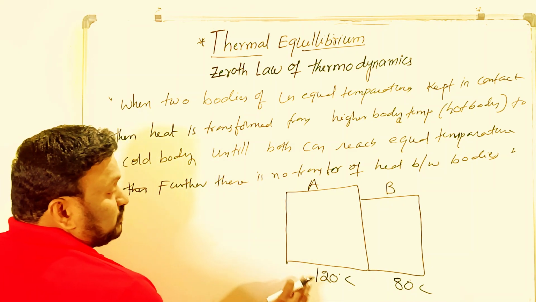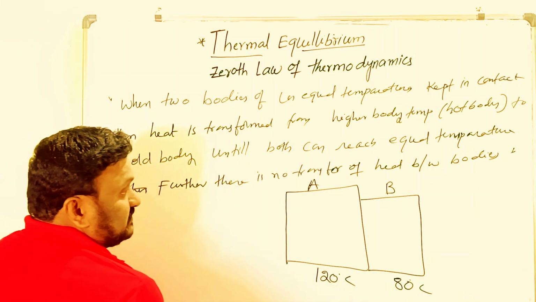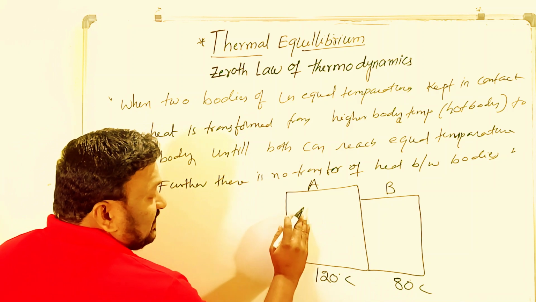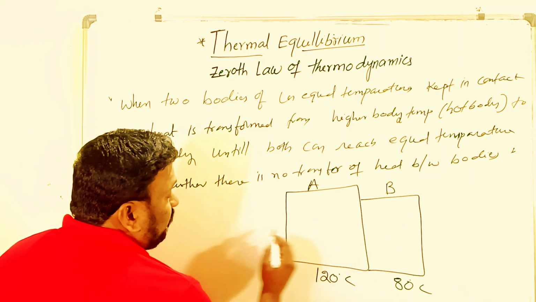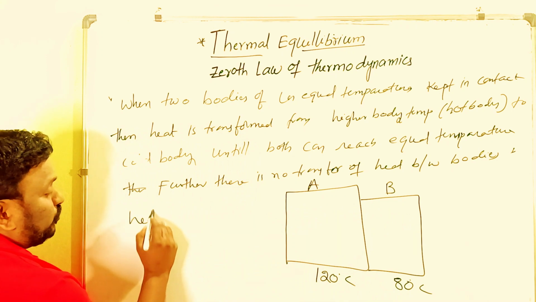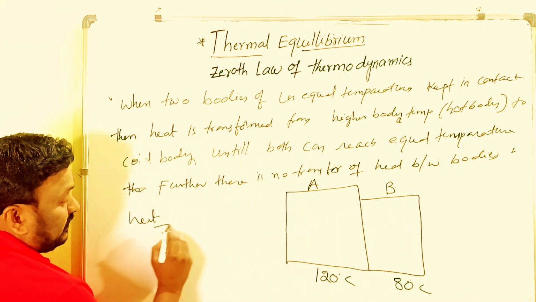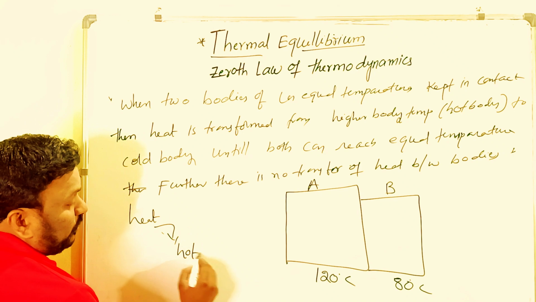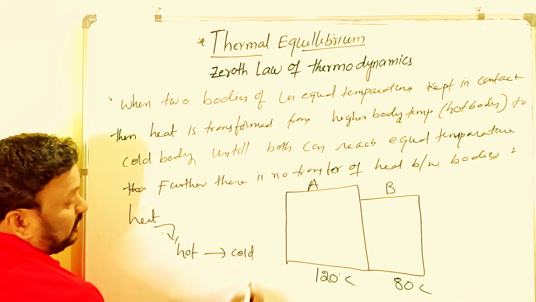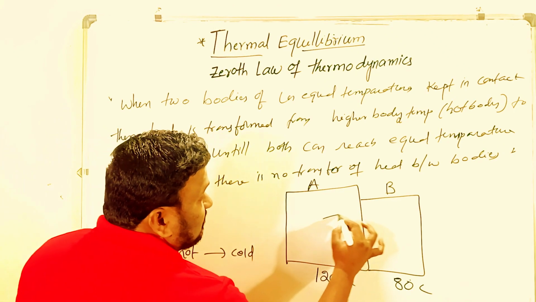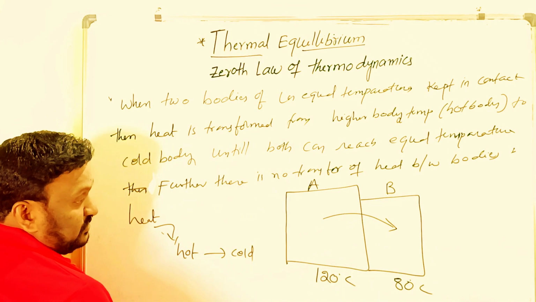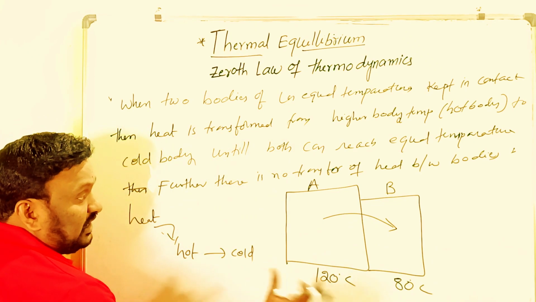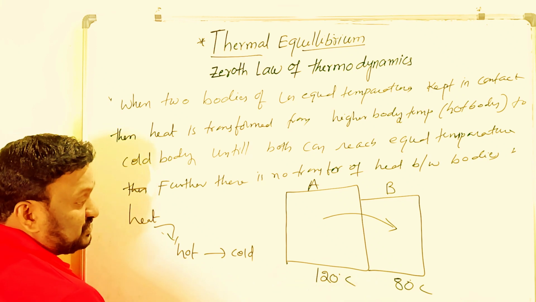Clear? So now A is the hot body and B is the cold body. Heat can flow from the hot body to the cold body, so heat transfers from body A to body B until both reach the same temperature.